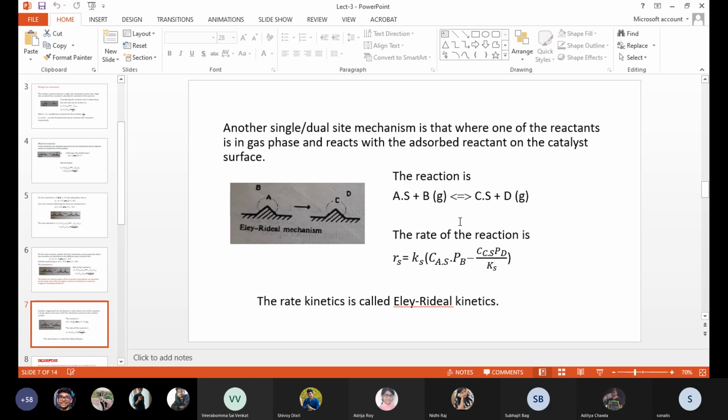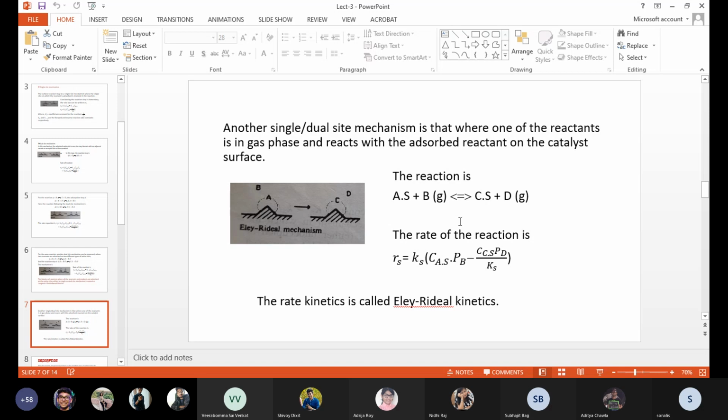The reaction is A dot S plus B in the gas phase to produce C dot S plus D, which may be in the gas phase. Here one single site is involved. It is a single site mechanism because B is not adsorbed at all.